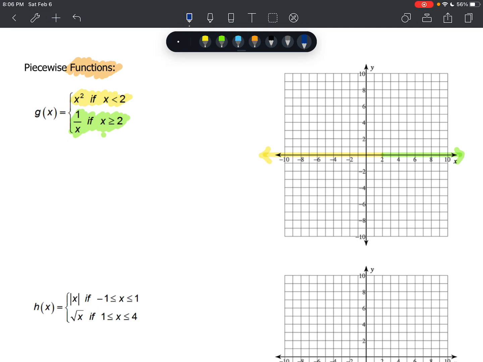I'm going to go to the left, which means I'm going to be putting 2 into the yellow function. And then I'm going to go to the left and put 1 into the yellow function. And then I'm going to go to the left of 1 and put 0 into the yellow function. And then put negative 1 into the yellow function. So I'm going to keep putting these values into the yellow function so that I can get a picture of what's happening on that piece.